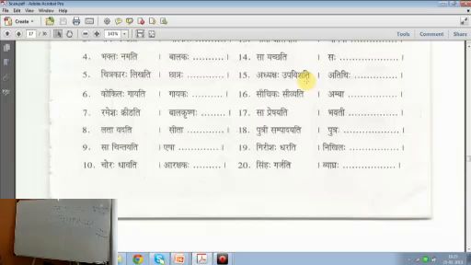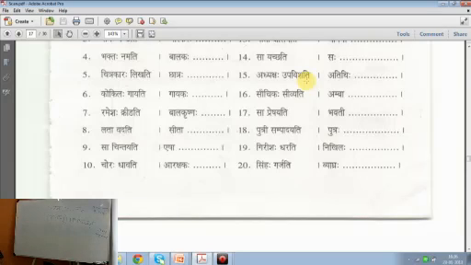20th and the last one on this page. Simhaha garjati. Lion is roaring. Vyagraha garjatu. Let the tiger roar. May the tiger roar. So in all these 20 sentences, we have simply seen the present tense verbs and converted them into third person imperative singular verbs by changing the ending ti to tu.